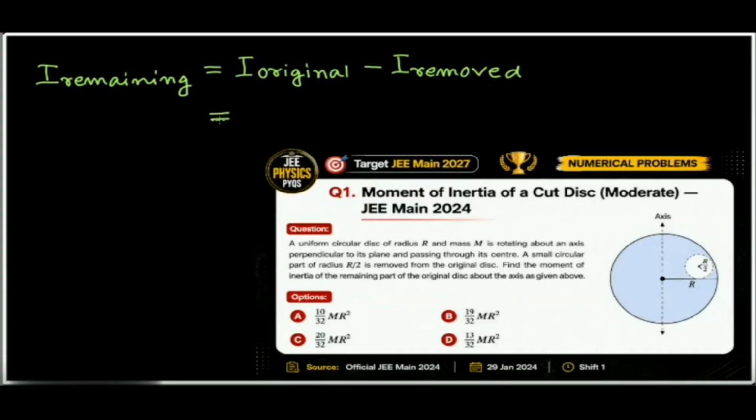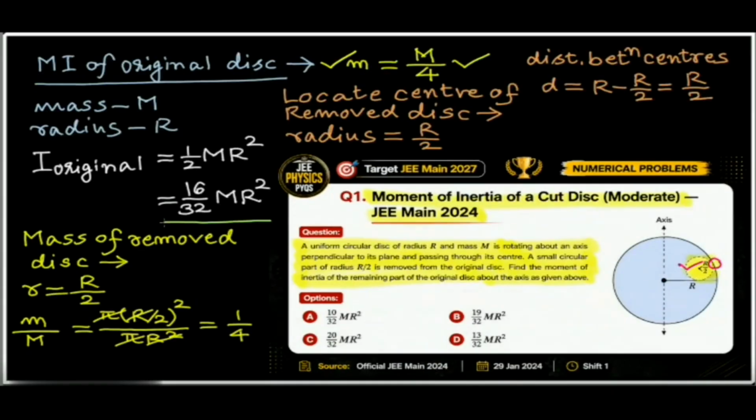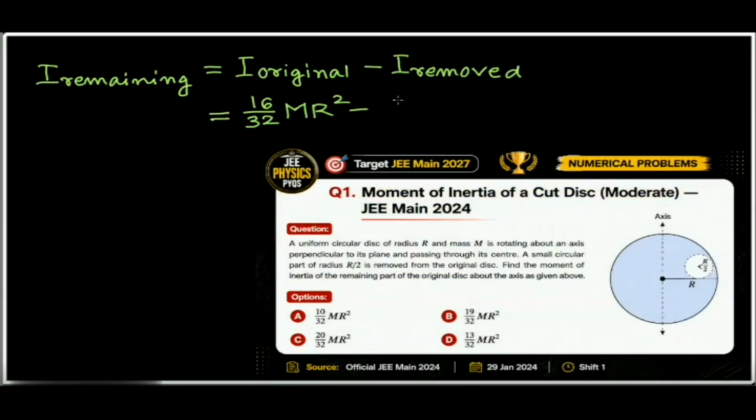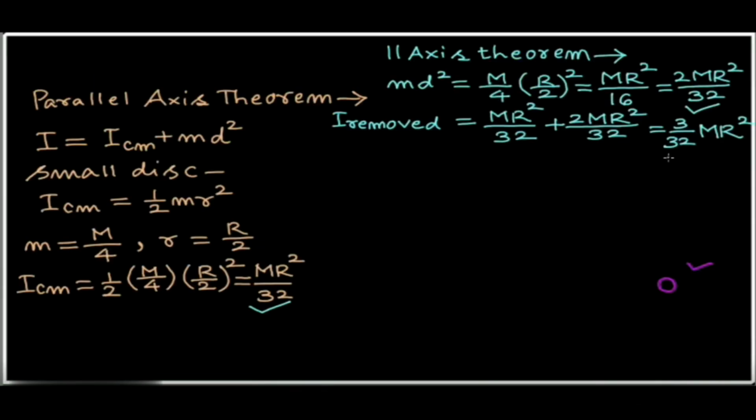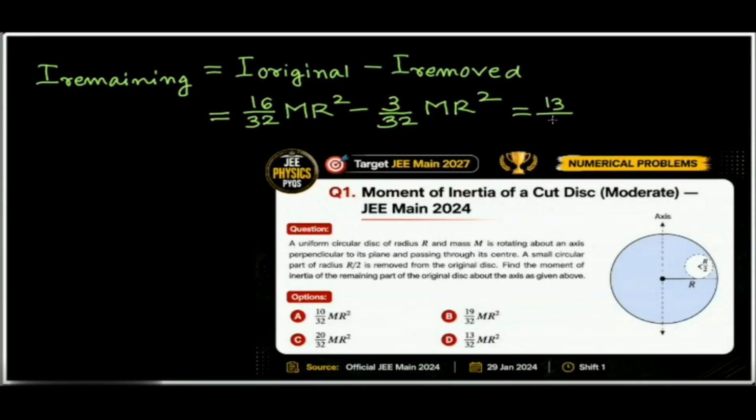I original is this 16 by 32 MR square minus I removed this 3 by 32 MR square, 13 by 32 MR square. Hence, the correct answer option here is B, 13 by 32 MR square.